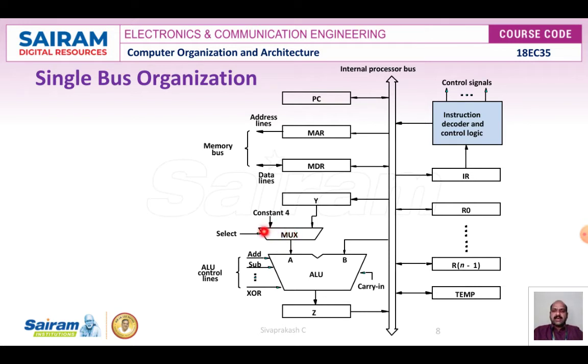Here, the multiplexer MUX, which has a select input, selects either the output of the Y register or a constant value 4 to be provided as the A input to the ALU. The constant 4 is used to increment the content of the program counter.